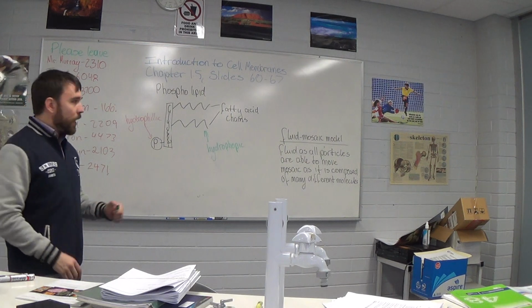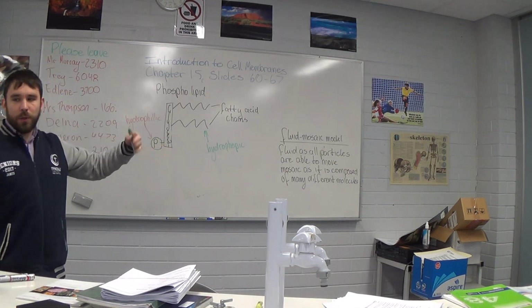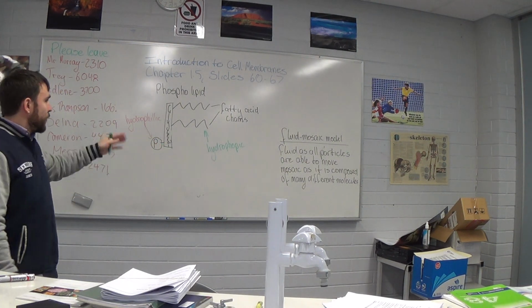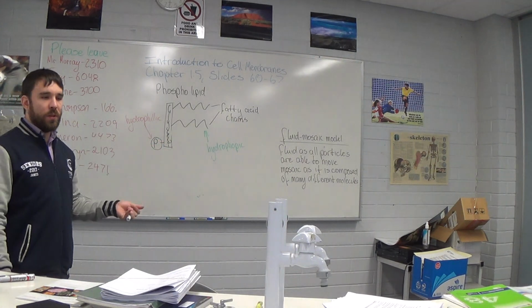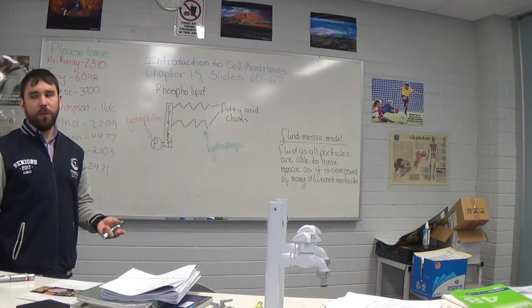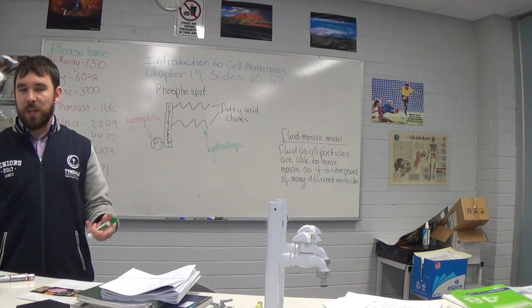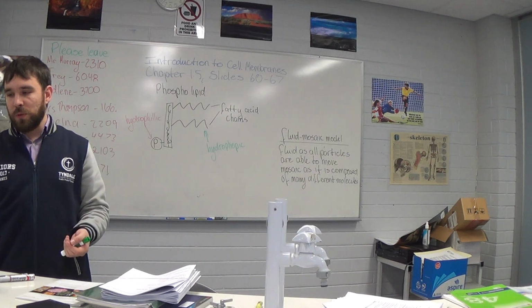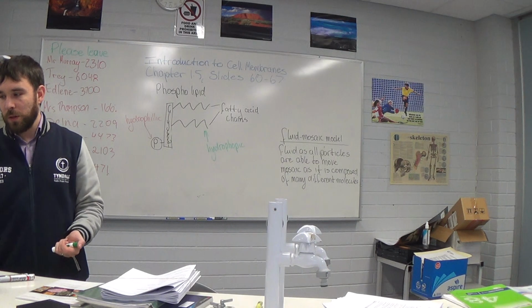This means that the phospholipid bilayer, the cell membrane, is impermeable to substances dissolved in water. Water itself is small enough to pass through, but it is impermeable to substances dissolved in water, to water-soluble substances.